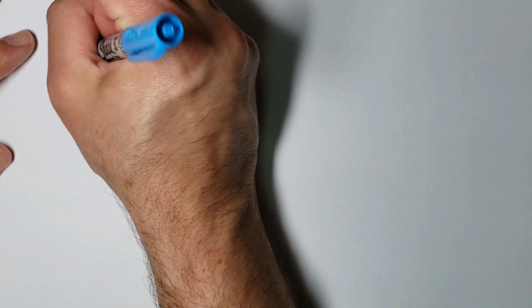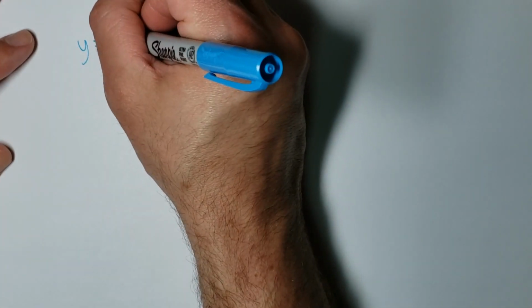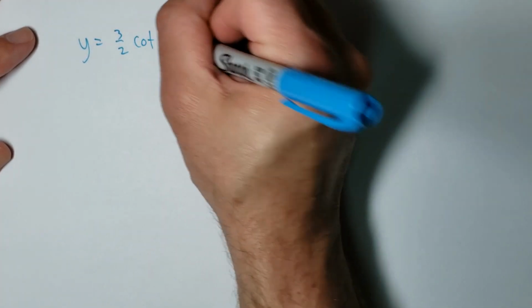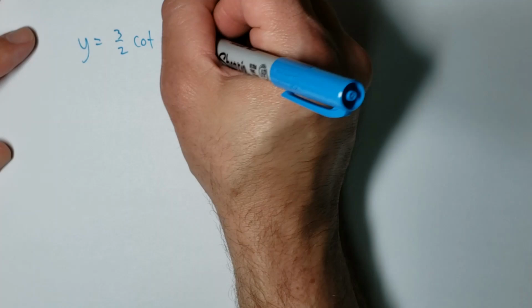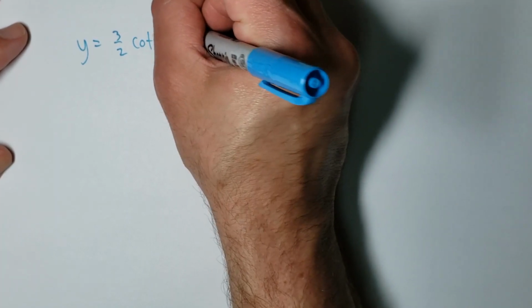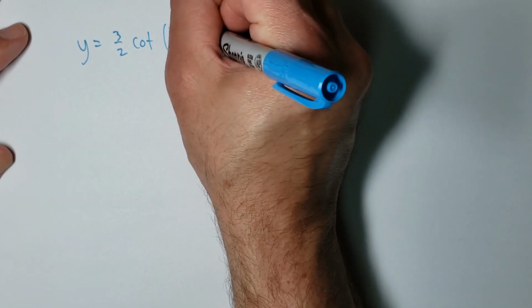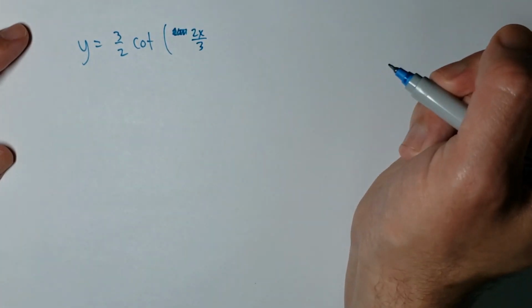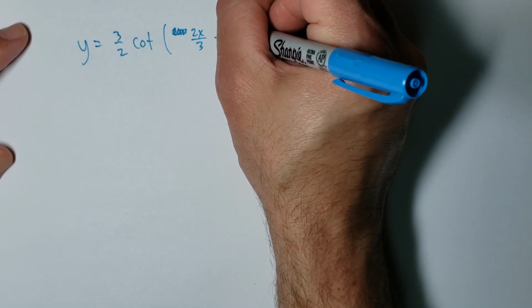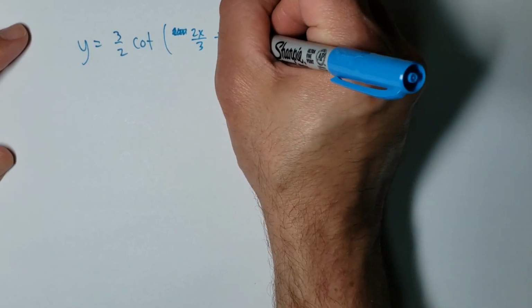So let's do an example where there are numbers involved. Let's do 3/2 cotangent of 2x over 3. I don't know what that's going to do. That might be ugly. Plus pi over 3.